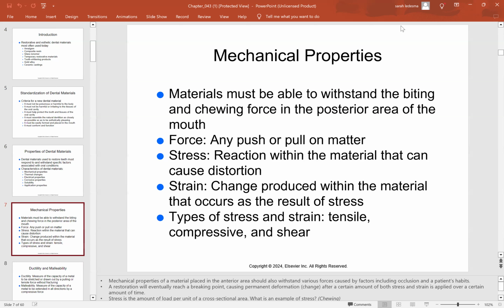A force is defined as any push or pull on matter. Stress is a reaction within the material that can cause distortion. Strain is a change produced within the material that occurs as the result of stress. And then the types of stress and strain can include tensile, compressive, and also shear.